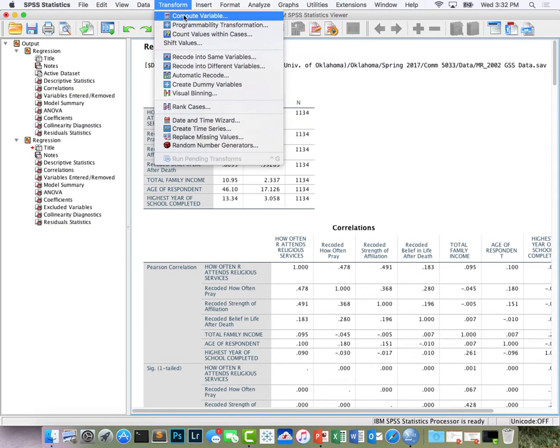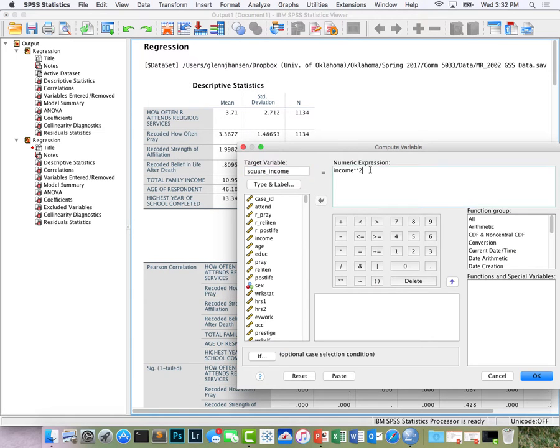I'm going to do Transform and Compute, and this is just going to be called center income, and I'm going to do income minus 10.95. And so now the new mean will be 0, right? Because I take every score minus the mean. The new mean will be 0, and values below the mean will be negative. Values above the mean will be positive, right?